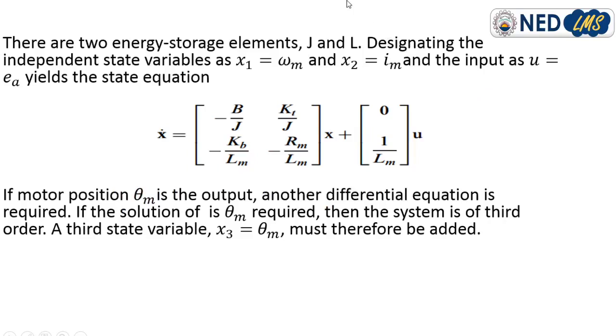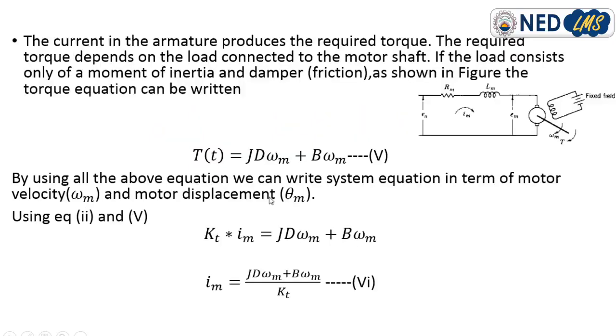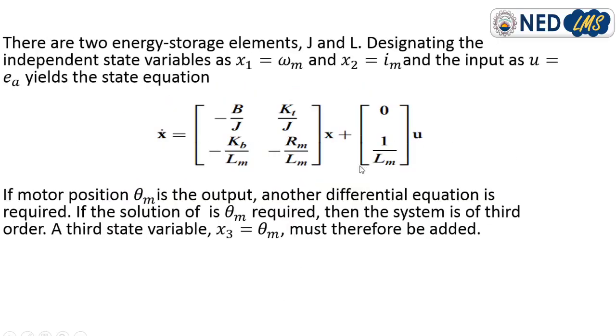So if you use the above equations, we can evaluate the values of x1 dash and x2 dash, which can be represented in state space form. Similarly, if we consider theta m as our output, another differential equation is required. If we want to know the displacement of the shaft, we don't have any spring here, so we will consider an augmented state variable, theta m, and we can evaluate a third order equation.